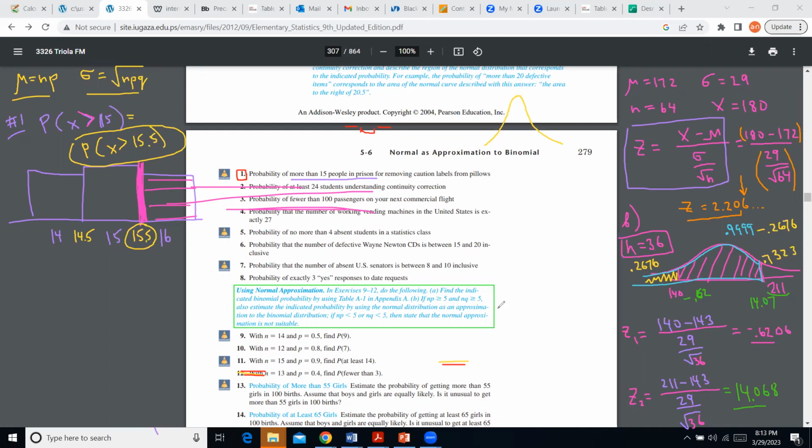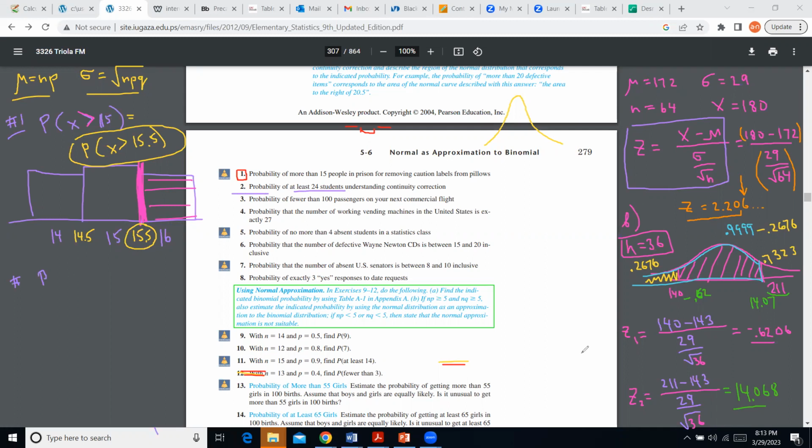So today our goal is to get used to this approximation. So let me try another exercise. How about problem number 2 of the same type? And that 2 says, find the probability that at least 24. So probability.